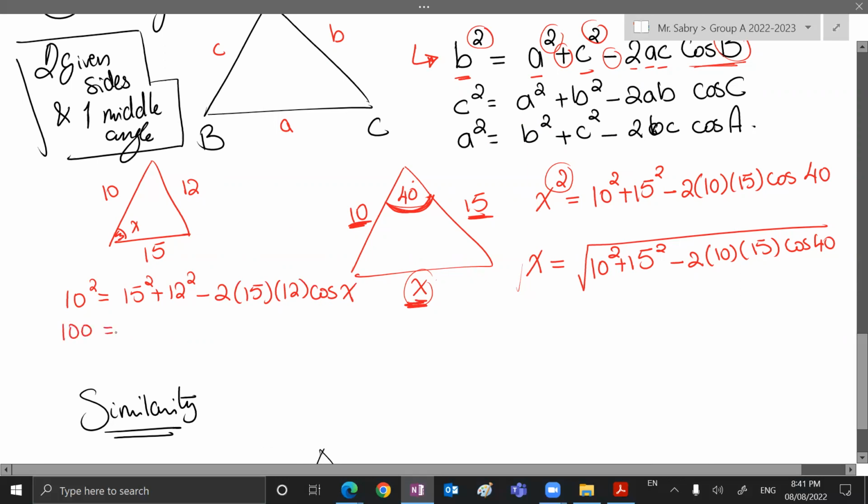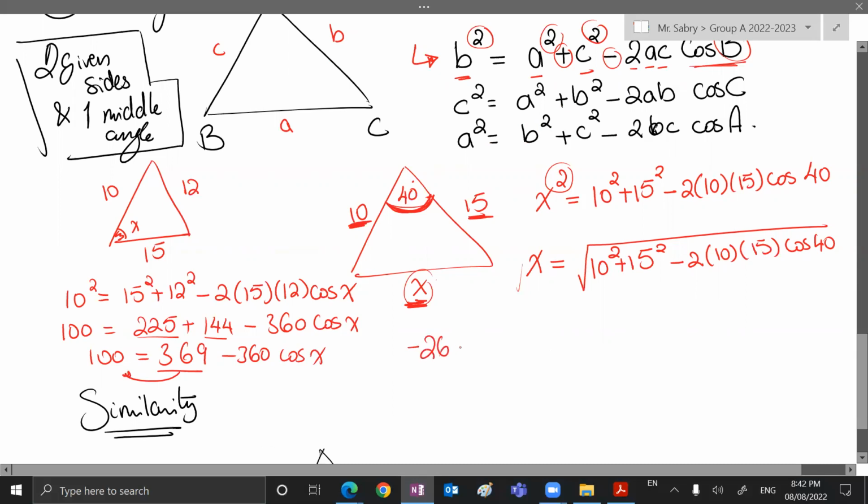This will be 100 equals 225 plus 144 minus 360 cosine x. Then add these two: 369 minus 360 cosine x. Move 369 to the other side by subtraction.